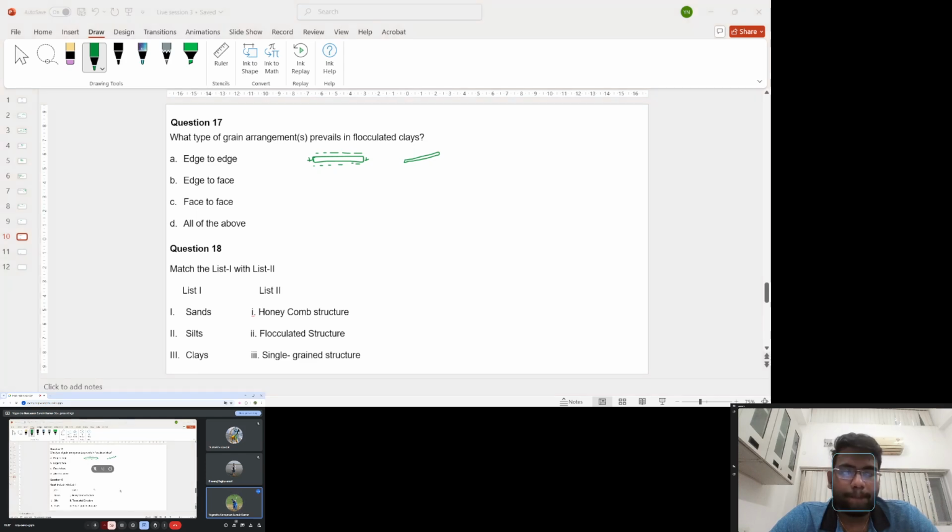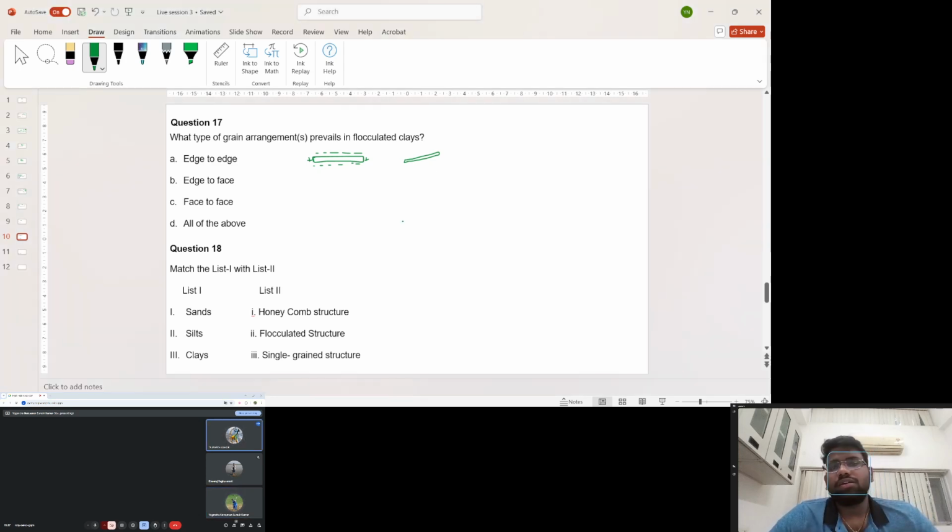So when the net electrostatic force on the system is attraction, then the resulting structure is the flocculated structure.